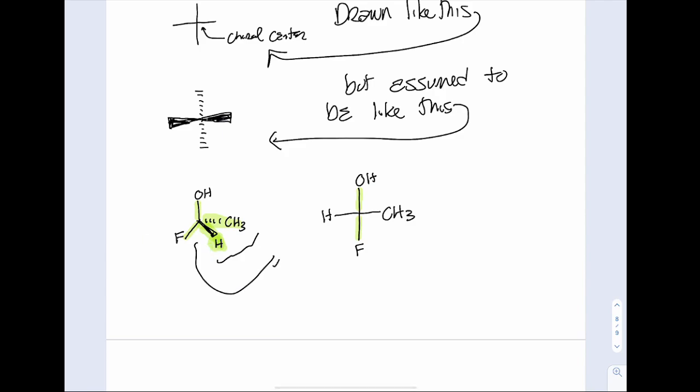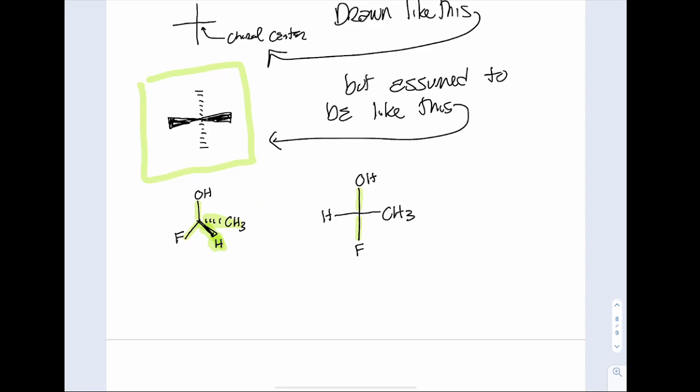If I was to swing it this way, then what's going to happen is that hydrogen and that methyl group are going to be going back. And in a Fischer, it has to be coming forward. If you were to draw these groups going back, which is what would happen if you would swing it around in that direction, it wouldn't be a Fischer projection. So the only way to get those groups coming out, right, is to swing it in this direction.